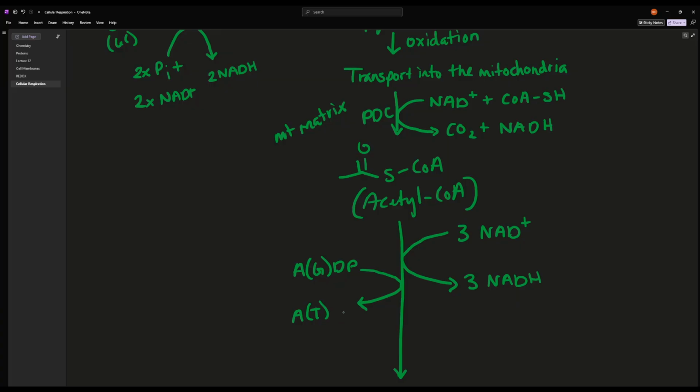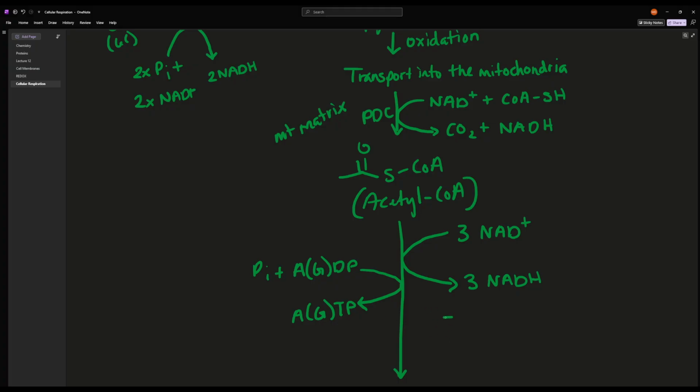So you will often see it abbreviated like this. This is just saying that depending on which specific version of the enzyme you use, it will produce either ATP or GTP. They're chemically and biochemically very, very similar. Note that this does also require an input of an inorganic phosphate.